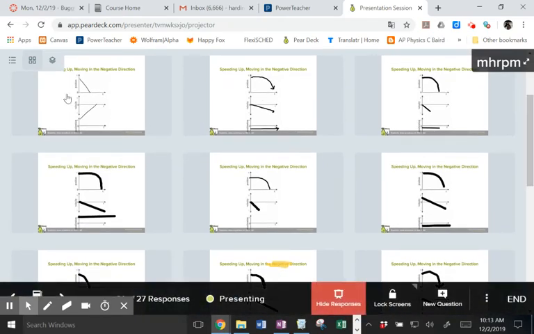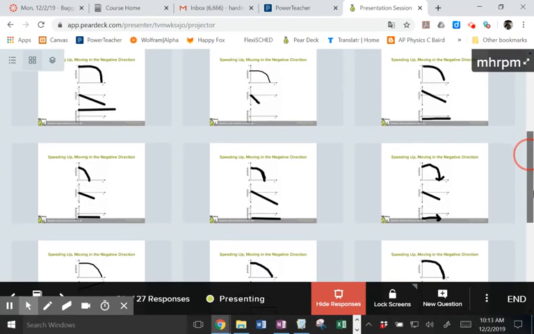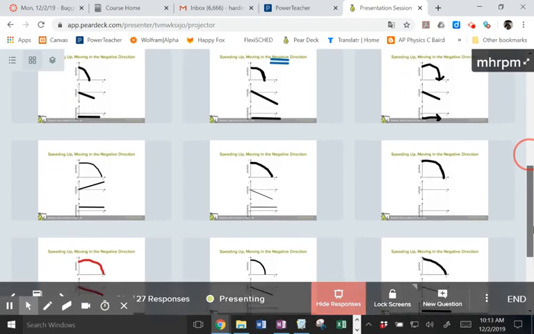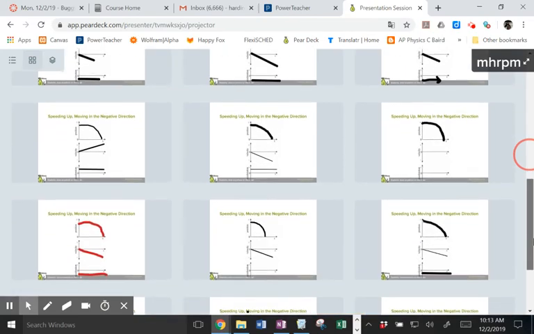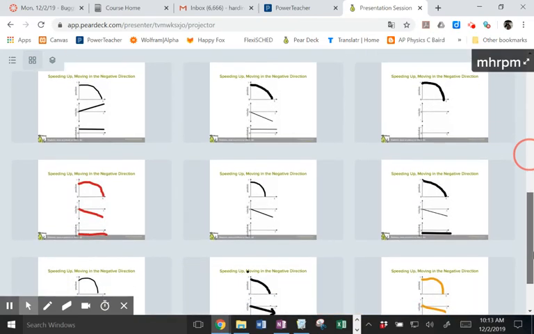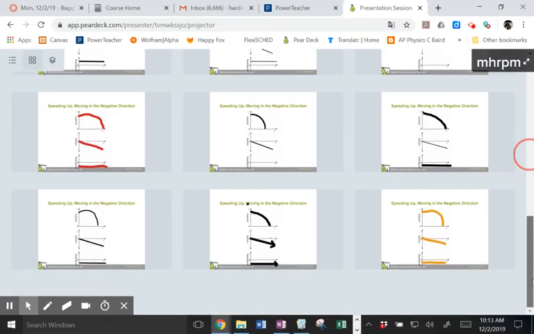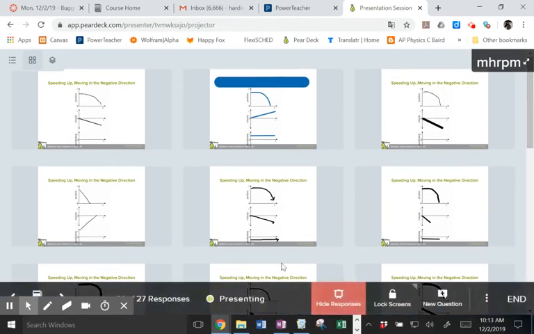Still have some friends that are not starting from 0. Got another friend in the positive part of the graph, sitting next to somebody else with the graph in the positive part.